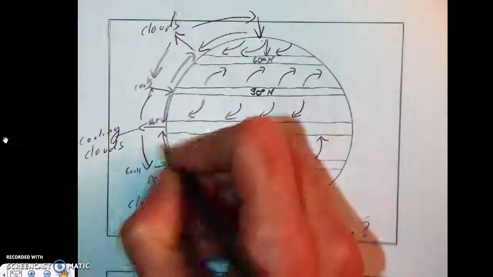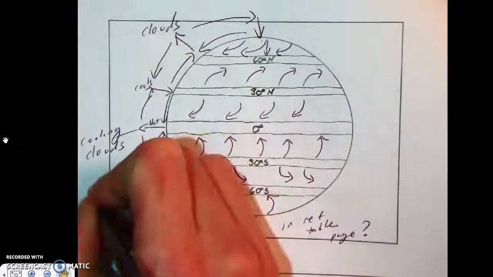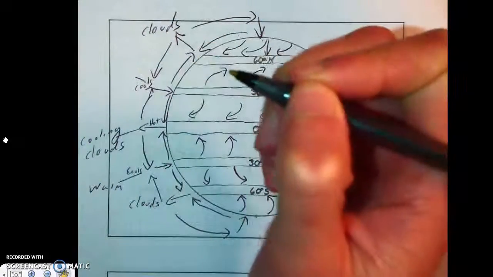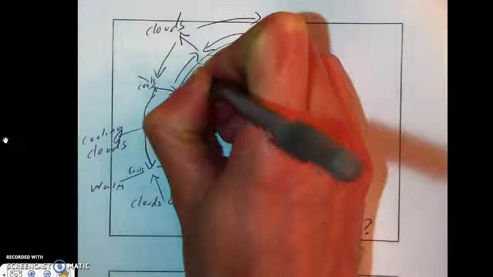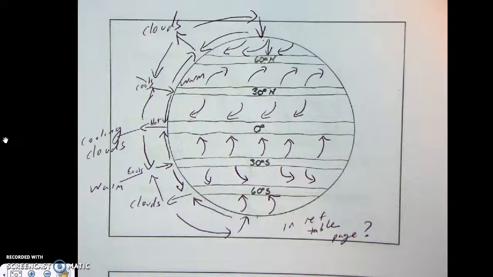Where the air is sinking, it's getting warm, which is happening at 30 degrees north and south. The air is warming as it's sinking. It's getting closer to the surface. It's getting warmer. And warmer air evaporates moisture instead of condenses it.